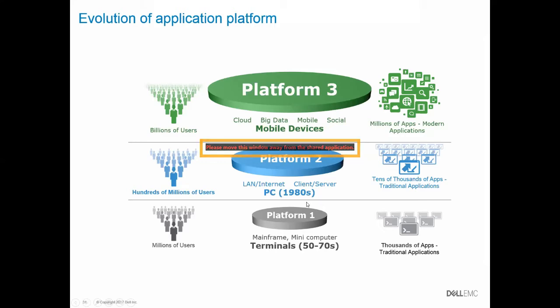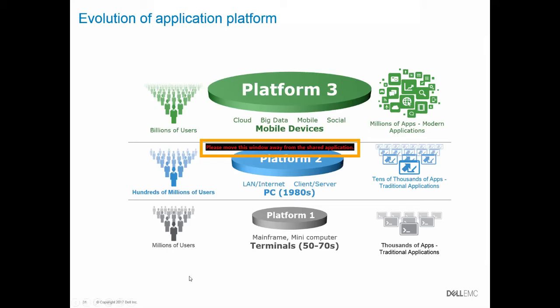Now what happened later on in the 80s, the scenario changed. Now the platform was no more mainframe. People started to go for personal computers. These personal computers had a different type of applications which were designed for their use, so the number of applications increased, but they were still called traditional applications.